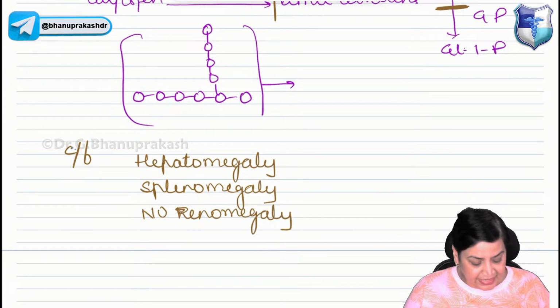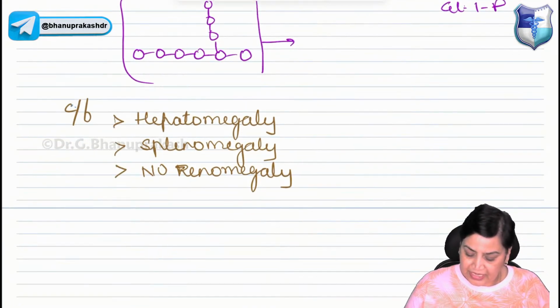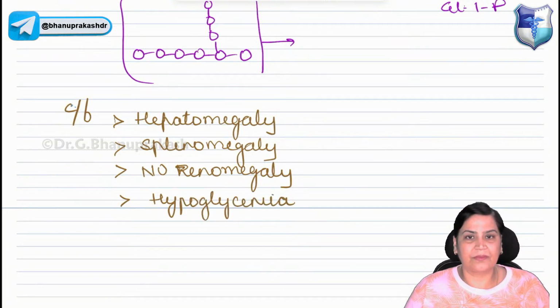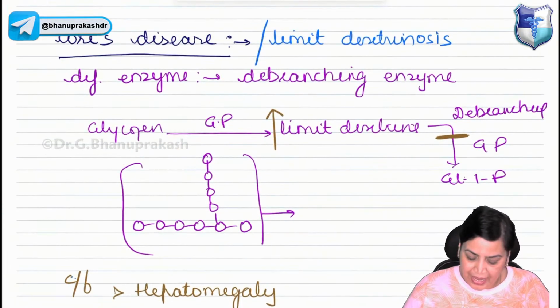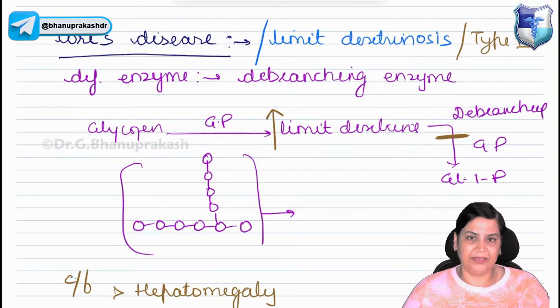Right? These are the three main important features, and obviously in Cori's disease, hypoglycemia will also be there. Right? So this is type 3. So I can say Cori's disease as limit dextrinosis, or I can say it is type 3.